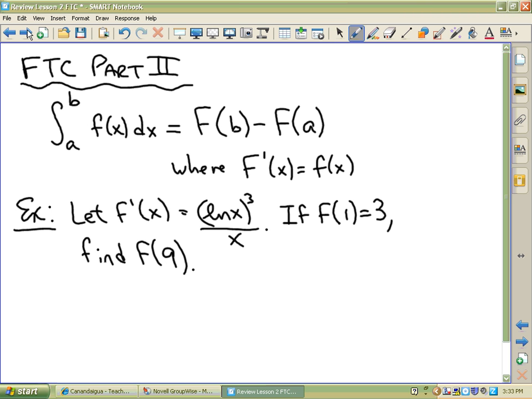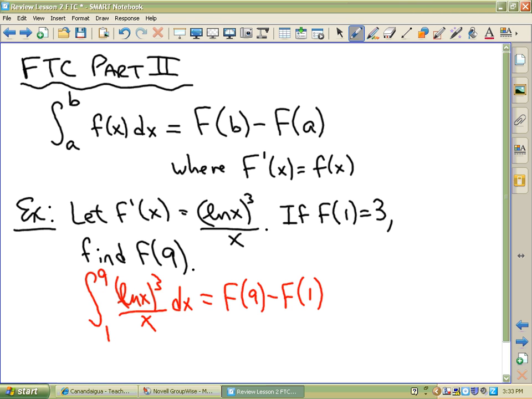If I could integrate natural log x cubed over x from 1 to 9, if I integrate capital F prime, then the fundamental theorem tells me that that's capital F at 9 minus capital F at 1.